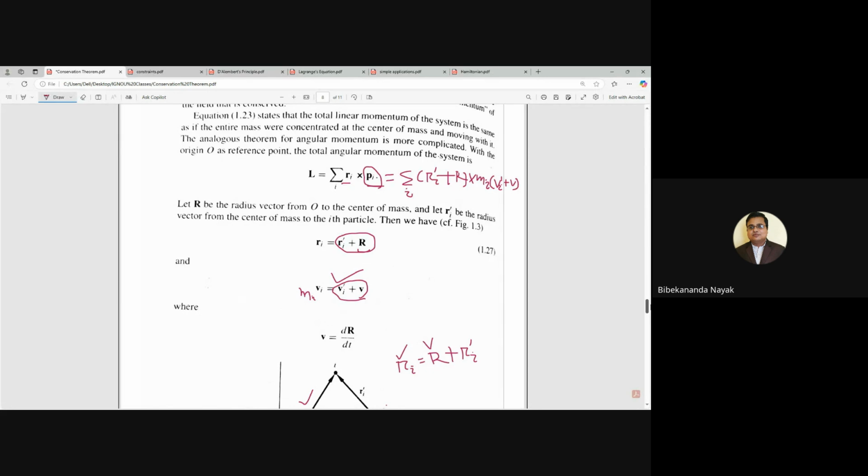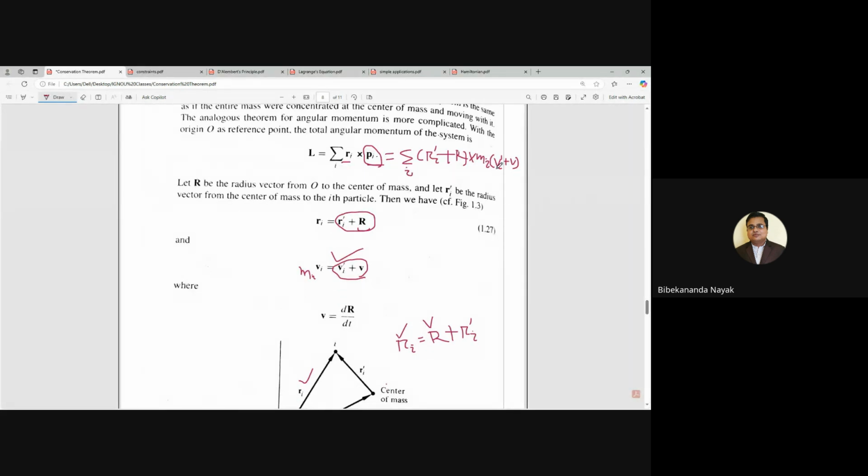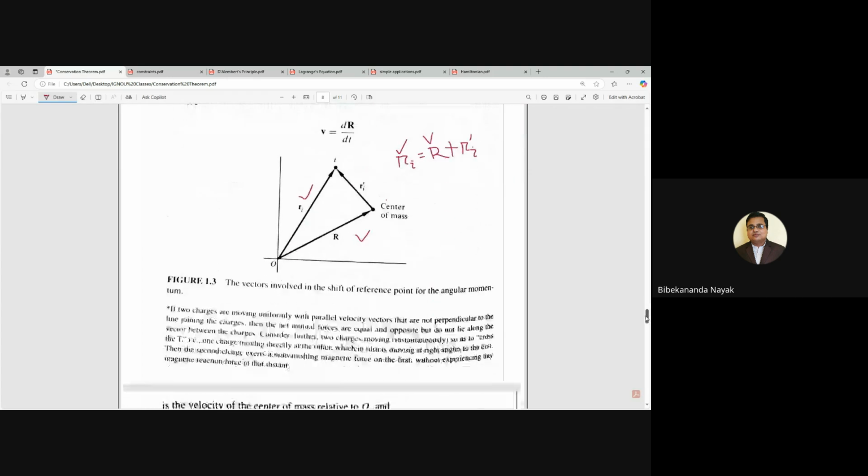Vi prime you can write as dRi prime/dt, and V is dR/dt. So I substitute, and I have four terms like this.